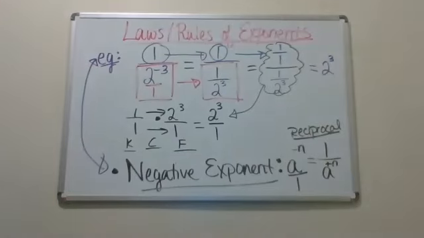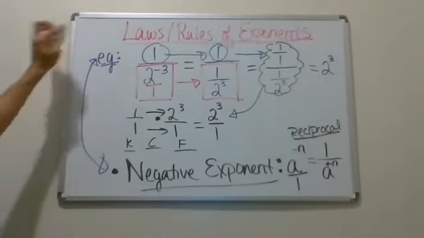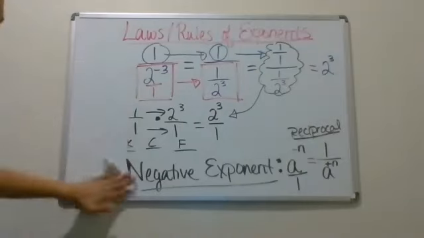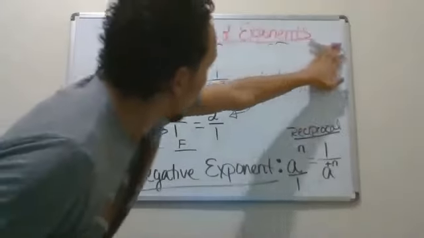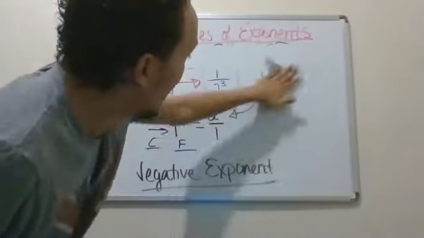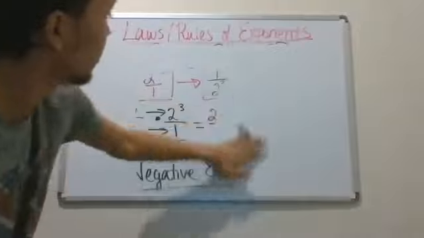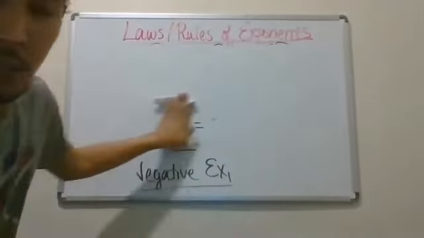All right, perfect. So after introducing the negative exponent law, let's say with the quotient rule, I'm going to give another example of the quotient rule, which is going to introduce another law for us.